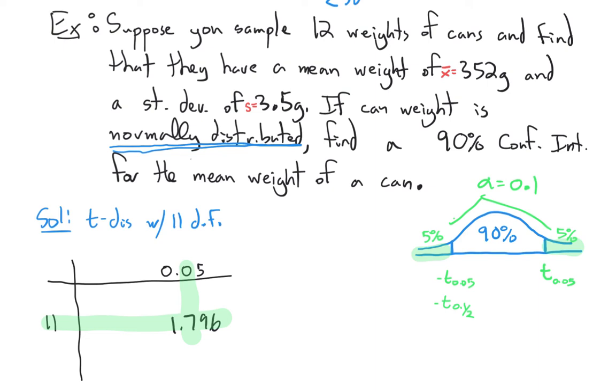We know that this value, this t of 0.05 with 11 degrees of freedom, is 1.796, and this guy's negative 1.796. Great. Okay, so again, we want to be within 1.796 standard errors of the mean. Now we need to figure out the standard error, and then we can just construct our confidence interval.